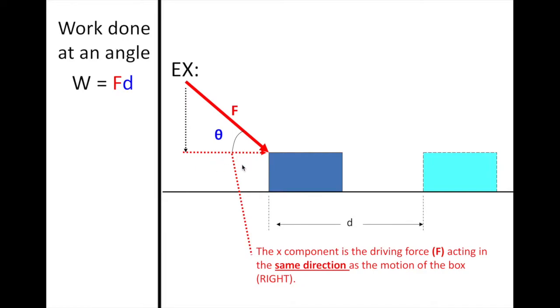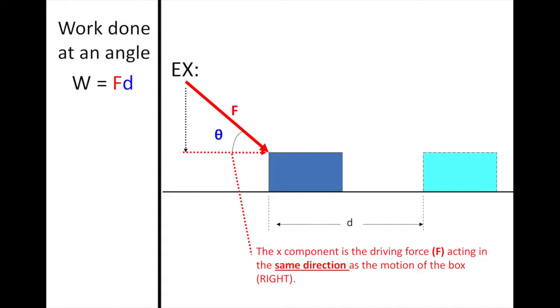We have this angle as theta. This x component is the driving force that is acting in the same direction as the motion of the box. Therefore, we are going to be using the x component in order to solve for work.